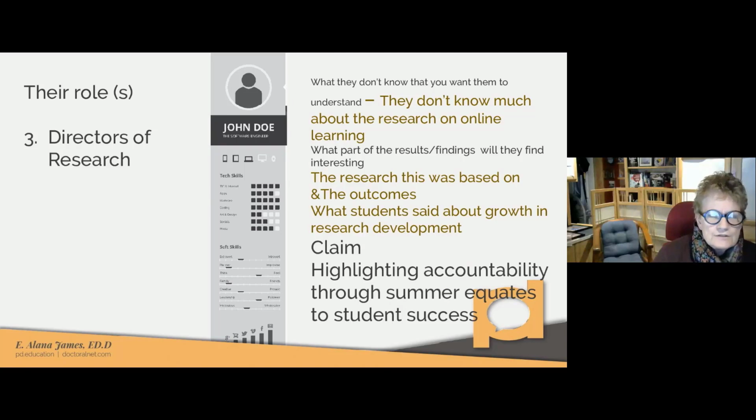And then directors of research will also hopefully find this interesting because they're the ones who are responsible for helping doctoral students get their research done. So they hopefully will be interested in something that took some people who were struggling past struggling, but they might not know much about the research and online learning. They're probably very interested in research.